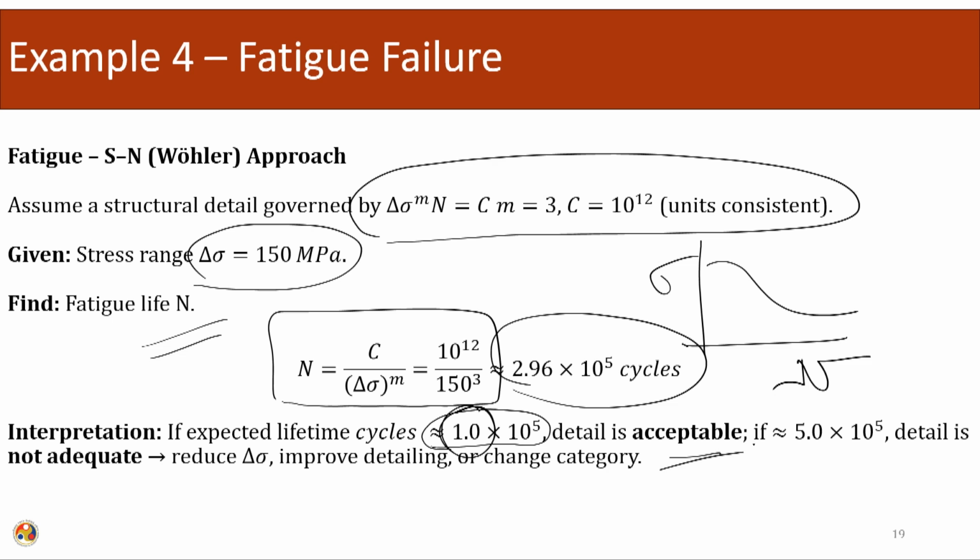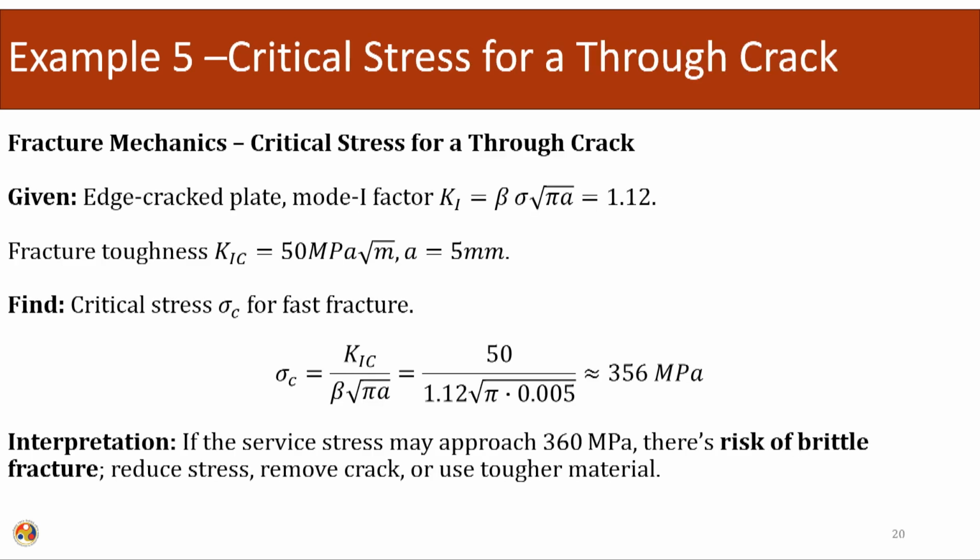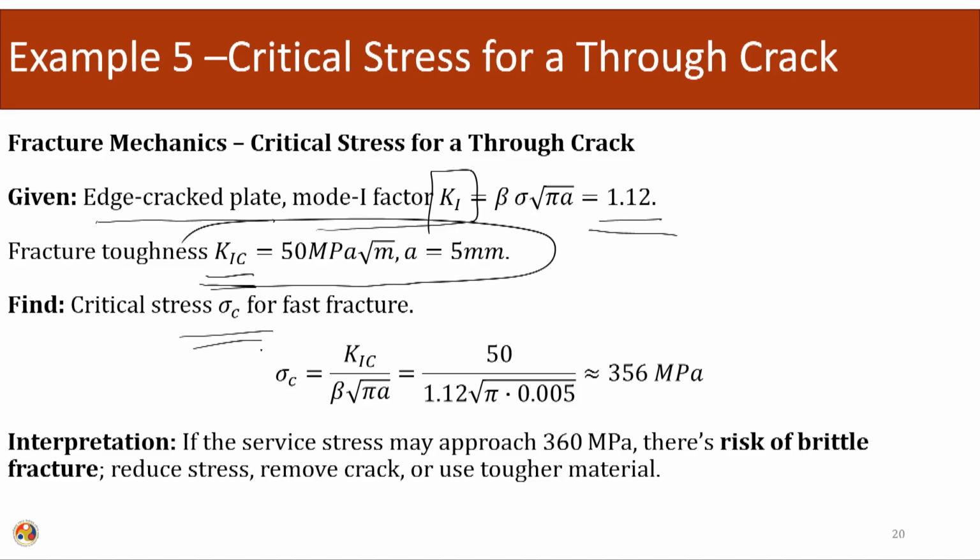In this particular example, the critical stress for a through crack has been evaluated. We have been given an edge plate crack, the modification factor K1 is 1.12, and fracture toughness KIC is given by this equation. The critical stress for fast fracture is 356 MPa.